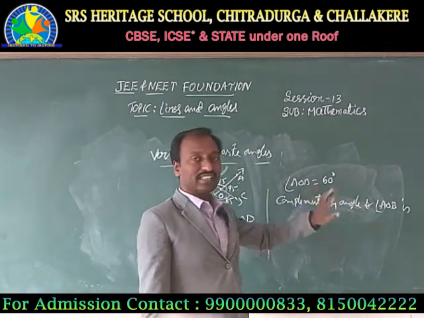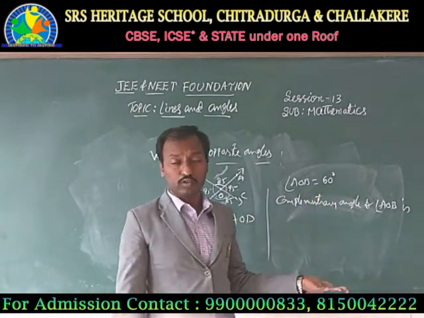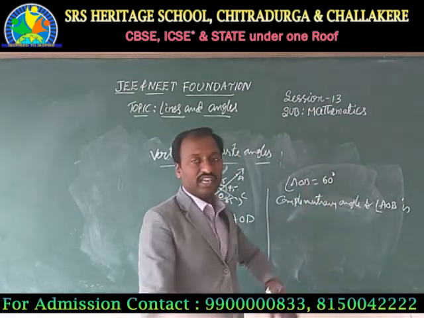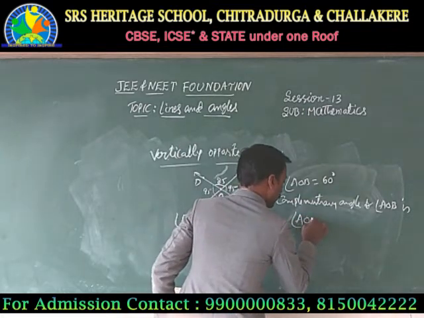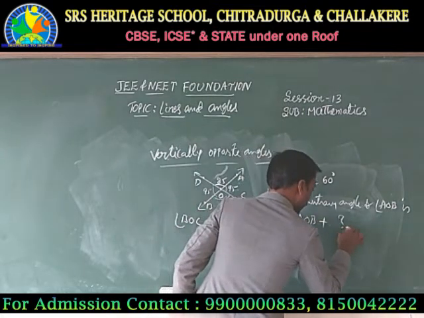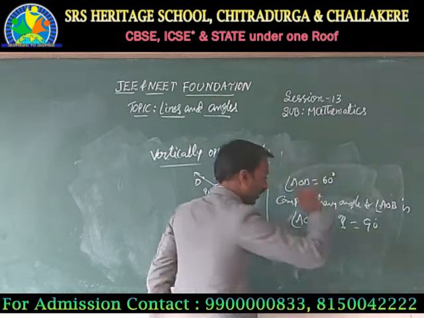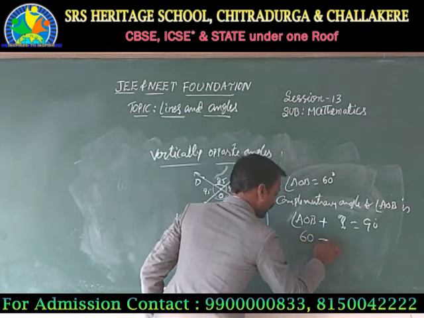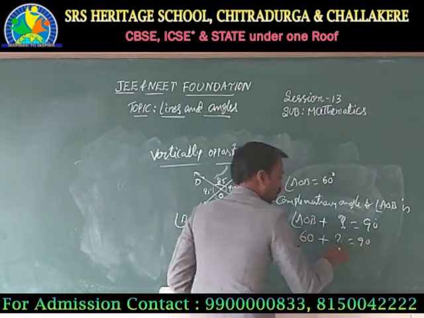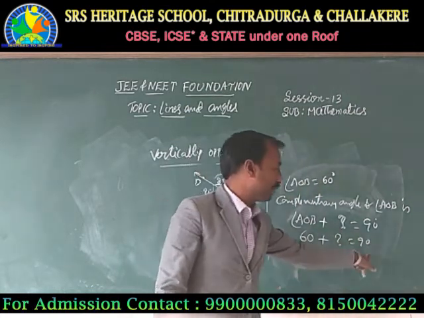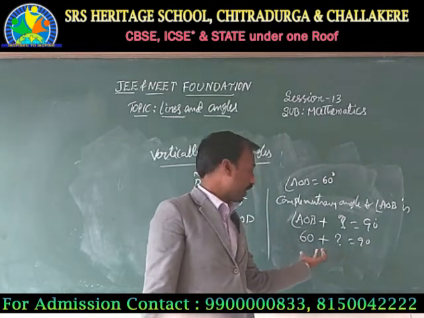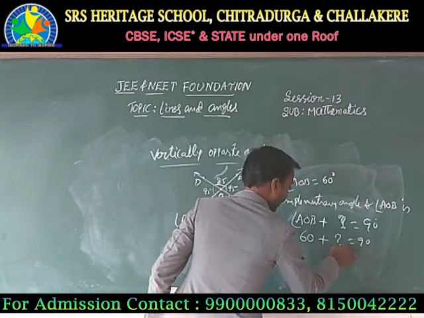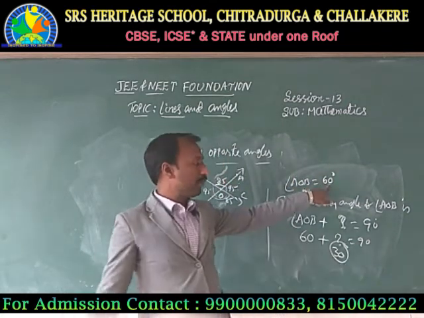That means two angles whose sum is 90 degrees are said to be complementary angles. So angle AOB plus something is 90 degrees. For angle AOB already 60, 60 plus something is 90. What do I add to the 60 so that it becomes 90? 30 degrees. Or else 90 minus 60 is nothing but 30. So this angle is 30. So complementary of 60 is 30.